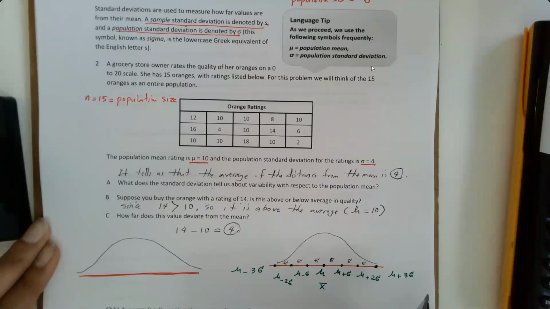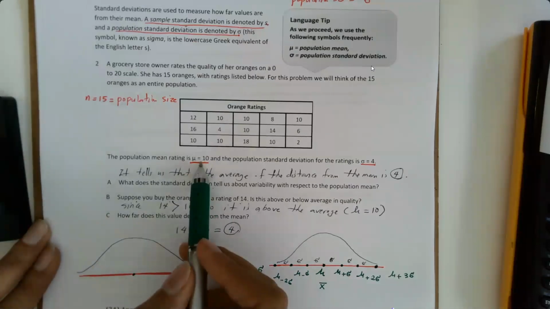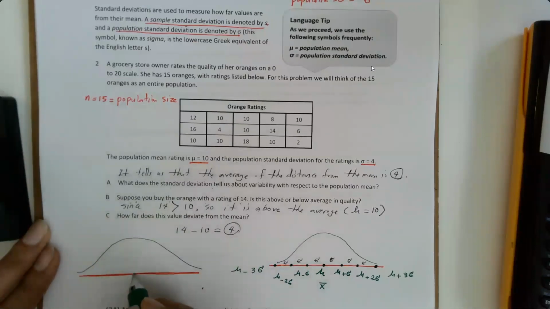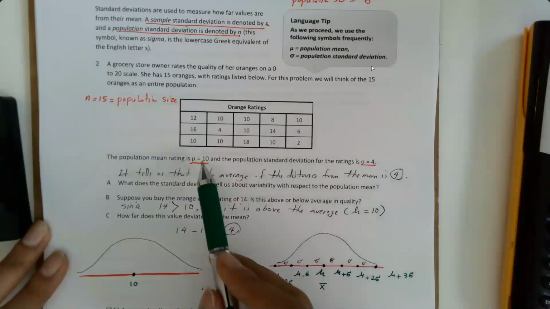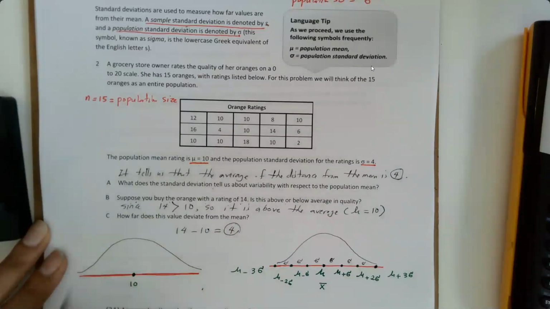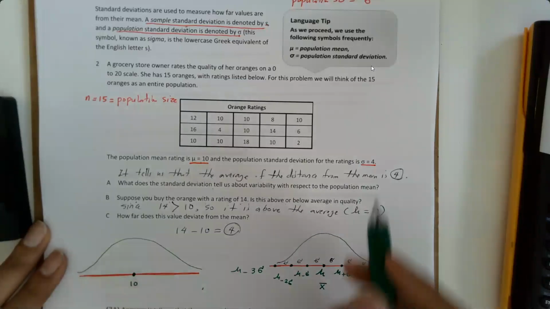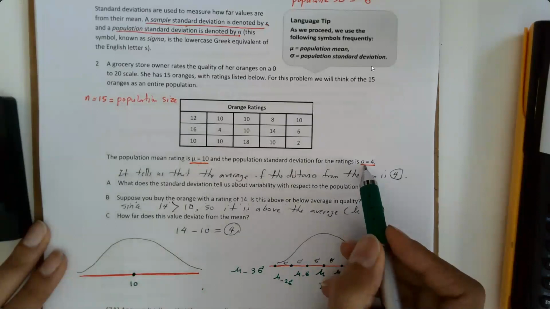The mean is given to us as 10. What is the standard deviation? Standard deviation is 4. So by using the mean and standard deviation, I can divide this up by 4 units, which is my standard deviation.